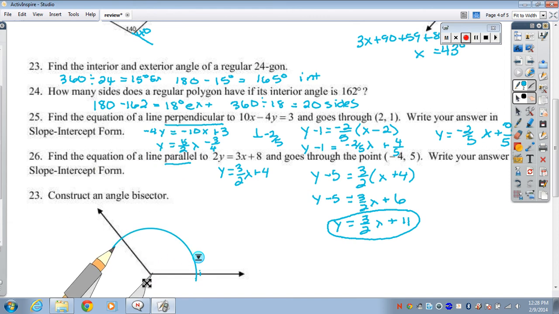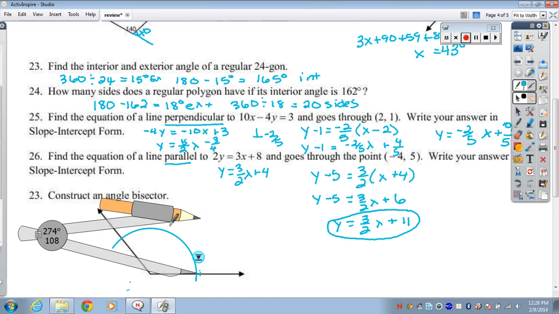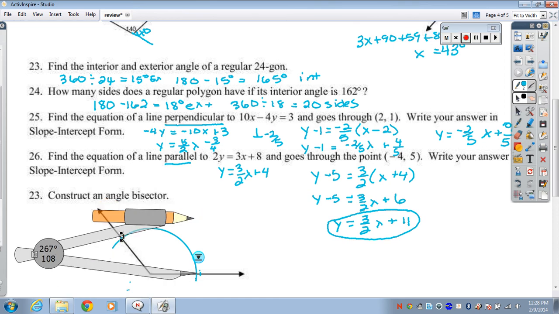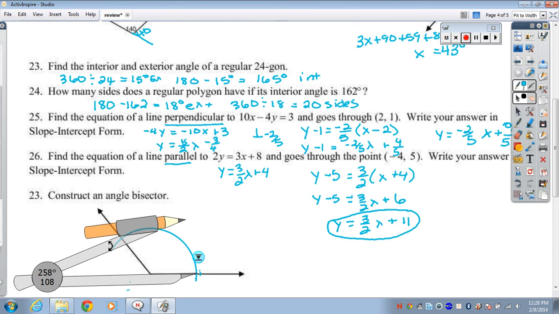Then you're going to use those points that you just made, stretch this out a little bit past halfway, and we're going to draw arcs up here.